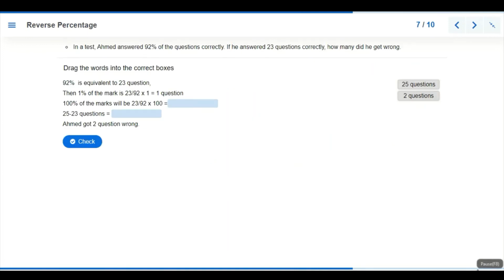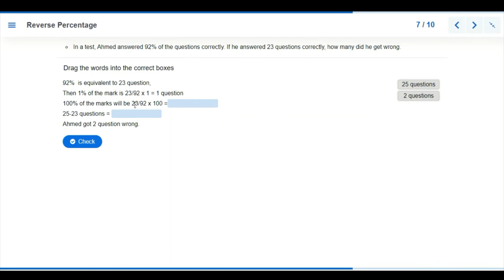So now we are looking at another topic, which is reverse percentage. In a test, Ahmed answered 29% of the questions correctly. If he answered 23 questions correctly, how many did he get wrong? So now let's look at it. For us to find just one percent, it's going to be 23 over 92.